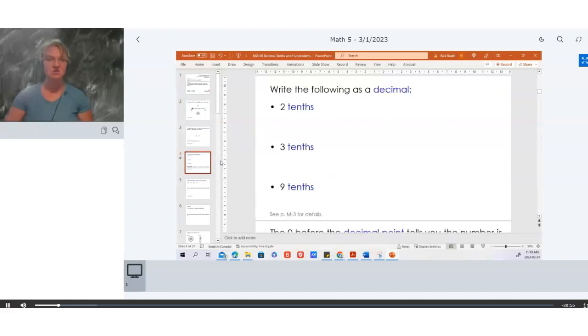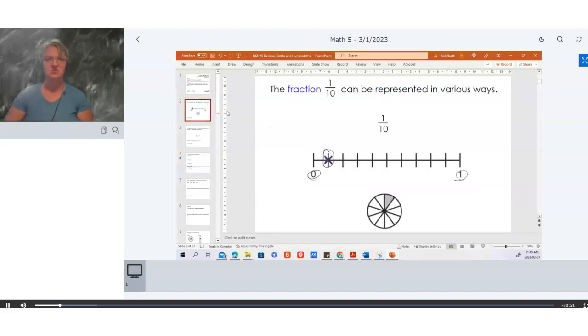But we can also write it as a decimal. I didn't show that here. So in our decimal system, we have the ones and then the tens. I'm just going to write numbers here to show them. So if we have this, for example, we know that we have the ones here, and then the tens, and then the hundreds, and then the thousands, right?